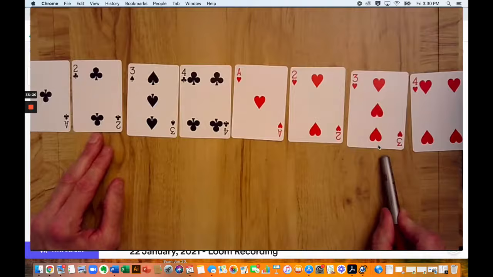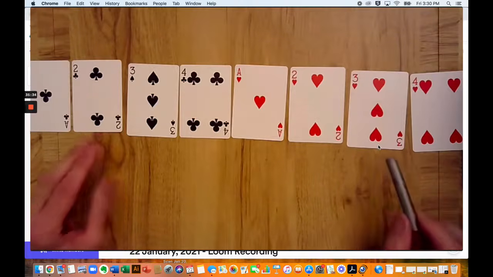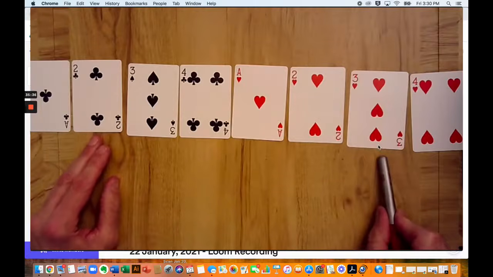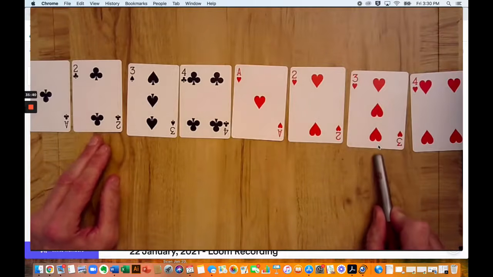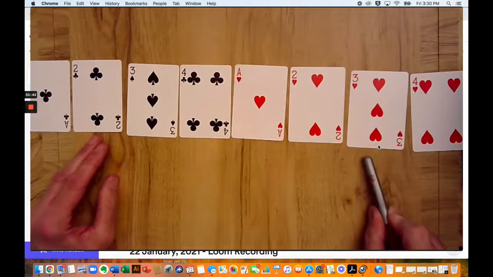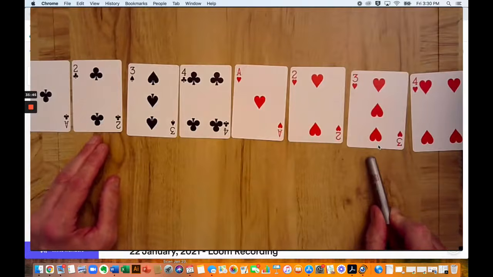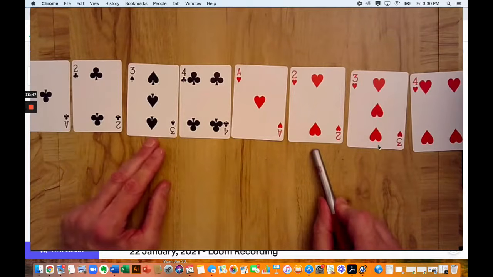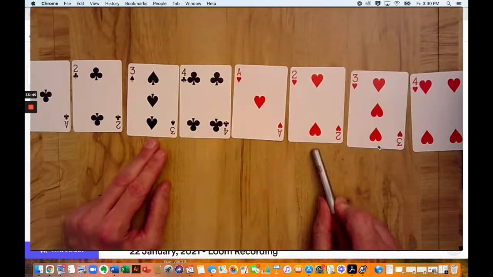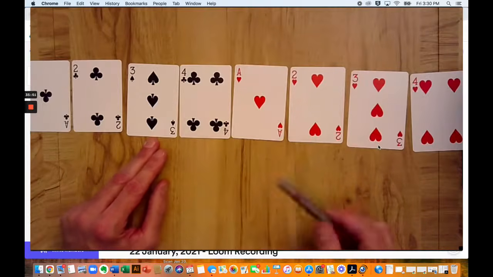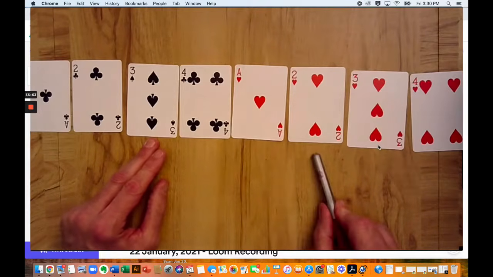Okay, what about these two? The two cards in this mirrored reflection of each other. Do the values of these cards add to 5? Well, yes, they do. What about these two? They are reflections of each other relative to position from the center.